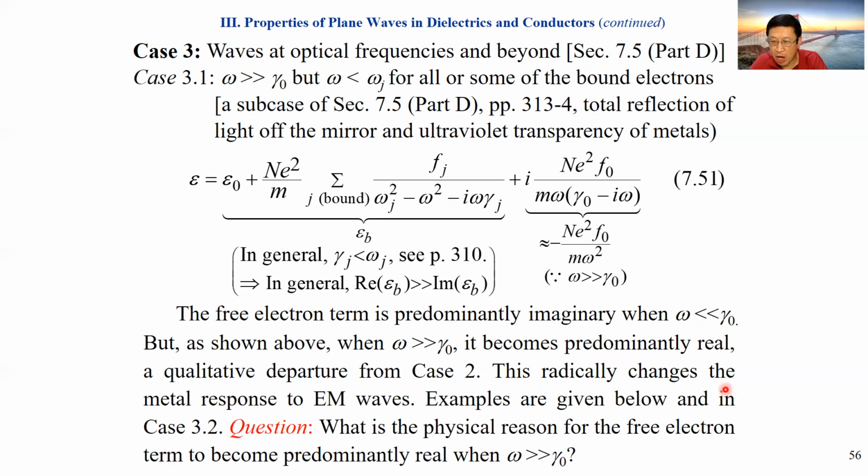This radically changes the metal response to EM waves. Examples are given below in case 3.2. So the interesting part is that this one becomes real and negative. What happens if omega B is smaller than this one? That will be very, very interesting.